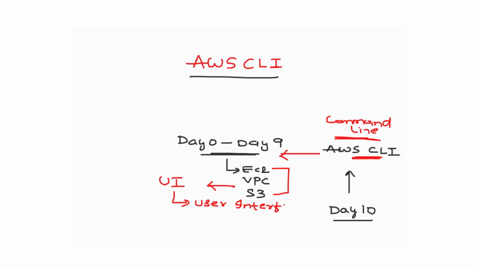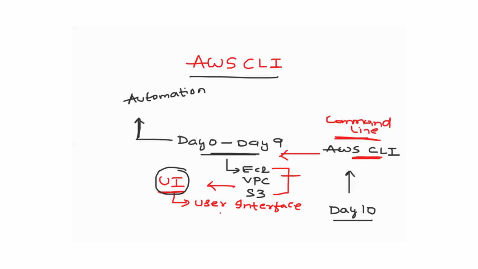Everything that we saw on AWS is through the AWS console, which is the user interface. We created an account or we used the root account, logged in through the AWS UI or AWS console, and created these resources. But one problem here is, because we were learning AWS and it was the initial days, I preferred to show you using the AWS UI. But the main problem here is that this AWS UI is not automation friendly.